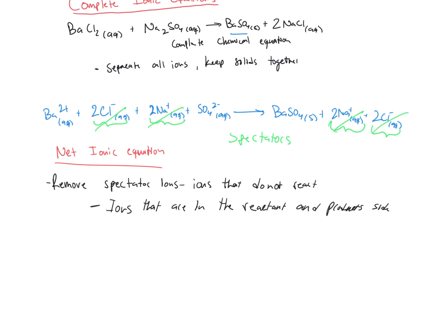The net ionic equation would be Ba2+ aqueous plus SO4 2- aqueous makes barium sulfate, BaSO4, solid. This is what we're actually interested in. All of the other ions in solution are just spectating. They're just watching the reaction happen.